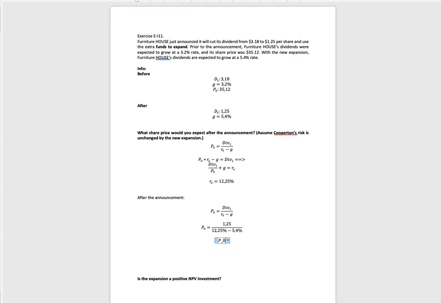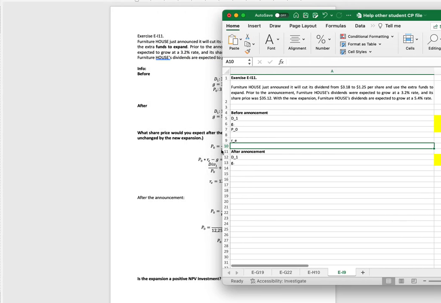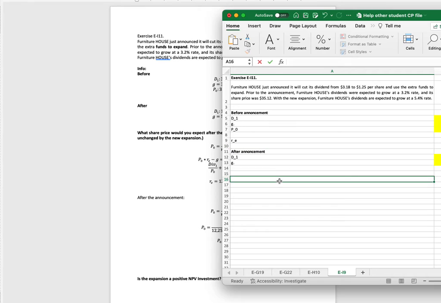And if we calculate that, we find the price after the announcement.